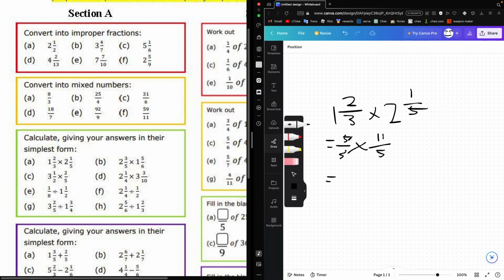Now we take 5 times 11, 55, and 3 times 5, 15. After we make this back into a mixed number, 55 divided by 15 is 3, because 15 times 3 is 45. 55 minus 45, 10 over 15, which becomes 2 over 3 after dividing by 5.